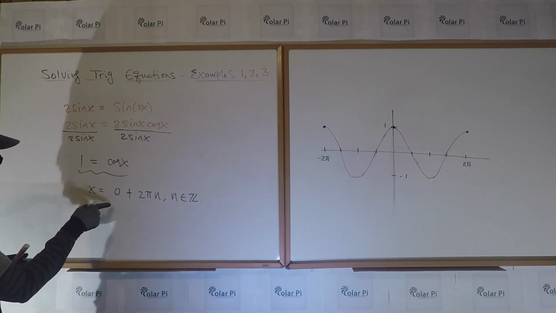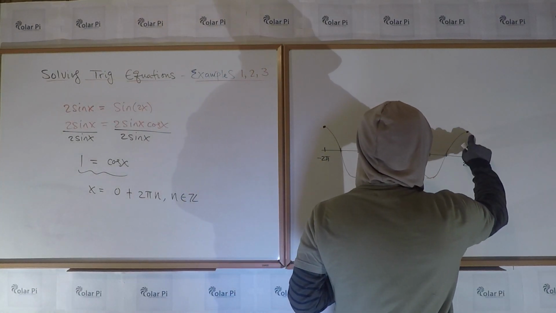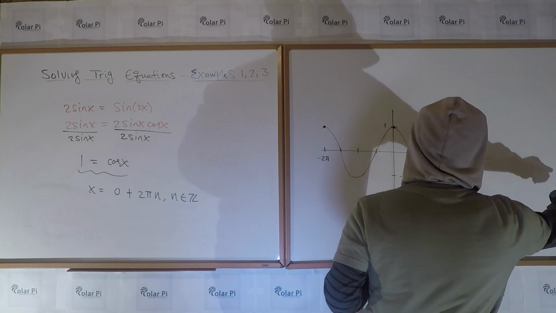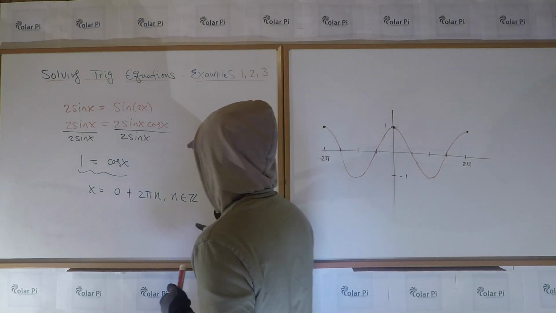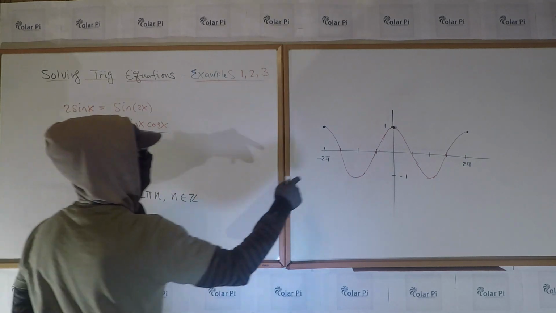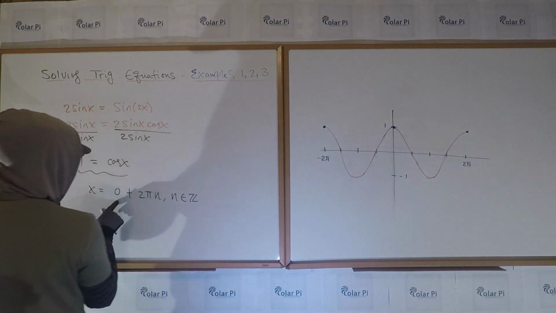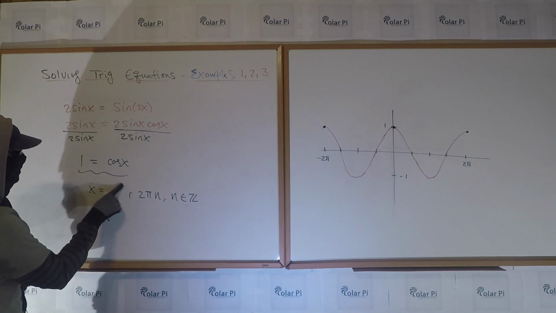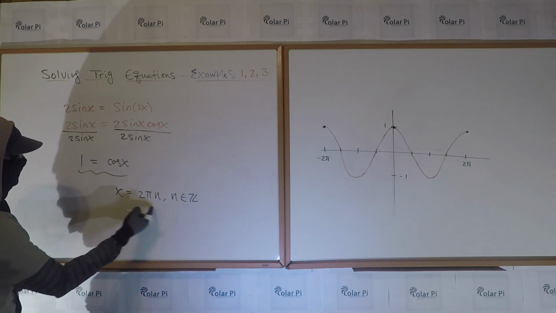And this is correct, I know, because I started from 0 and then I went 2 pi, and I see that if I went another 2 pi, I'd get to another peak, right? And I said n is an integer, so this will catch all the ones on the left side also. But it's kind of silly to write 0 here, so let's not. So we could just write this is our answer.